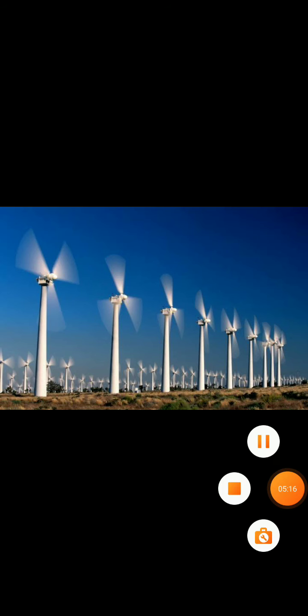So remember that for wind energy, kinetic energy is involved, and for hydropower plants, potential energy and kinetic energy of water is used. So this is how wind energy is created.